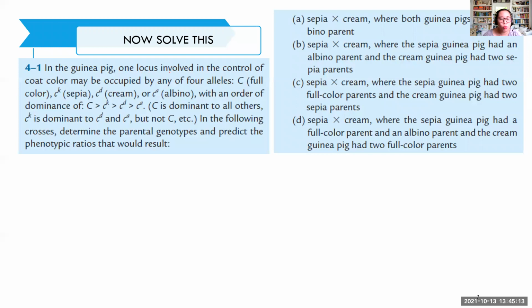In guinea pigs, one locus involved in the control of coat color may be occupied by any of the four. So multiple alleles, four. C is full color, and then CK is sepia, CD is cream, and then you have CA, which is albino.